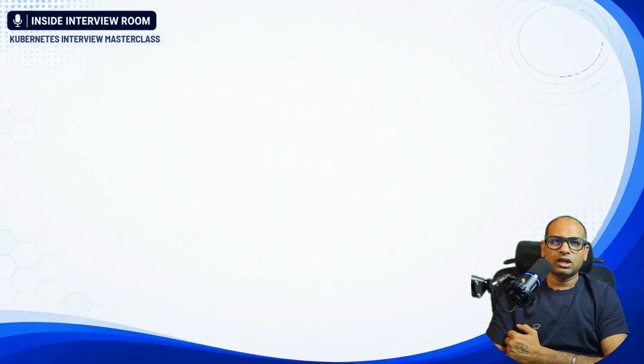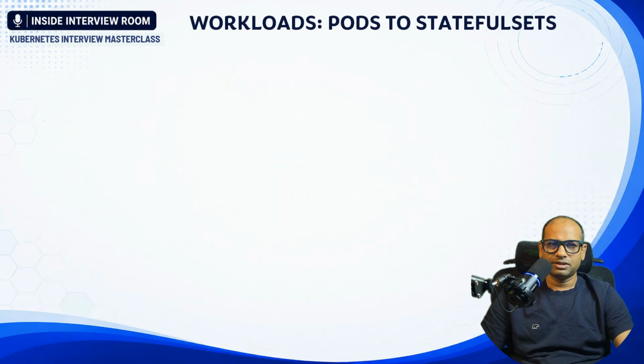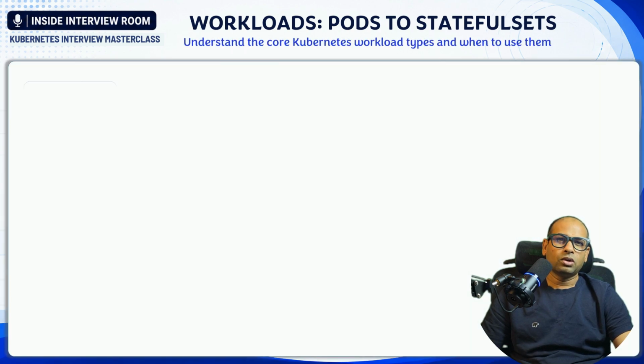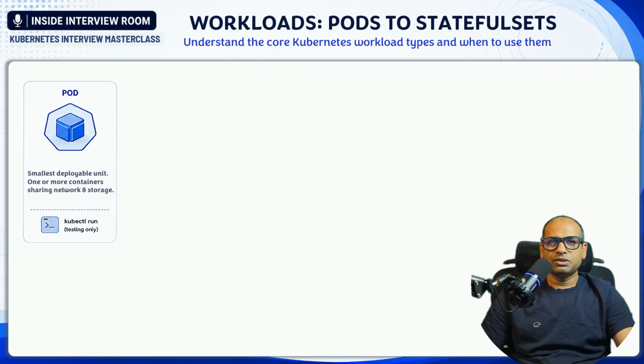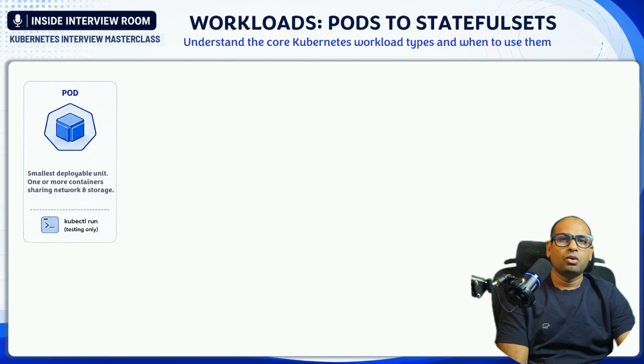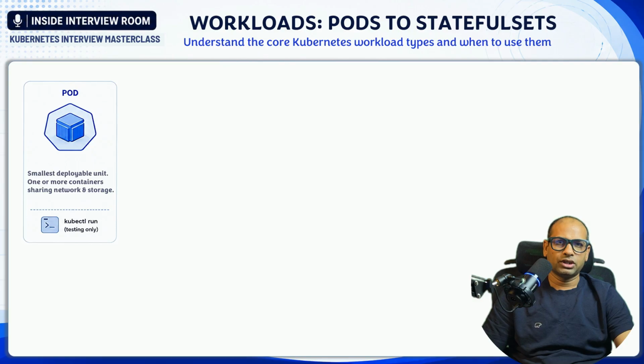Kubernetes gives you a menu of workload types, and choosing the right one is the real production decision, not a trivial one. Let me go left to right. For each one, I'll give you the one-liner and when I actually use this. That's the senior answer. Pod: what's the smallest deployable unit?